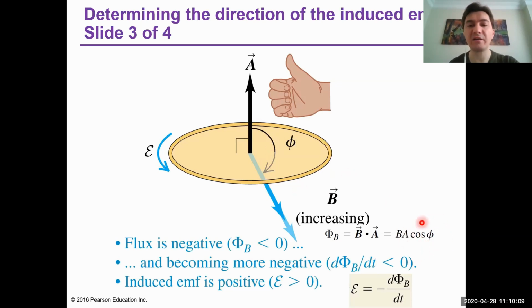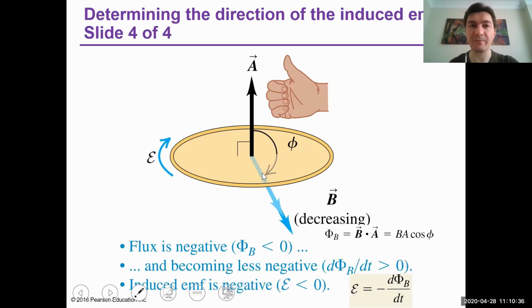Cosine phi in that range is negative, then magnetic flux is negative, okay? We have a negative magnetic flux, and then it becomes more negative because B increases. Then the change in the magnetic flux is negative. Put the negative number here, negative sign here, then the EMF will be positive. Then this is the direction of the EMF.